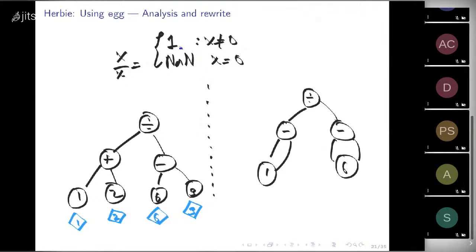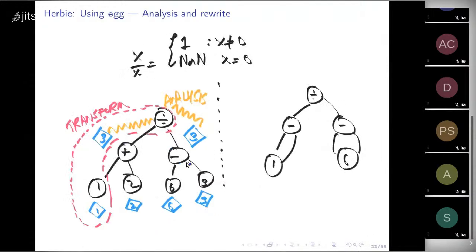So the way compilers usually attempt to handle situations like this is they first attempt to analyze the program. Consider a program where you do 1 plus 2 divided by 6 minus 3. A compiler would first analyze it, finding that this subtree evaluates to 3 and the right subtree evaluates to 3, so you get 3 by 3, and that becomes equivalent to 1.